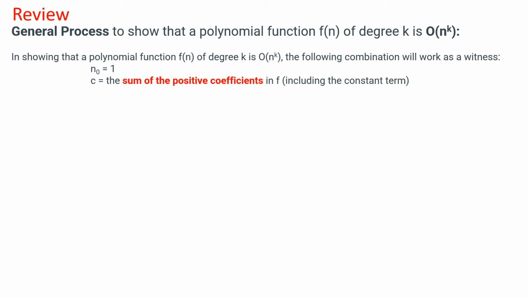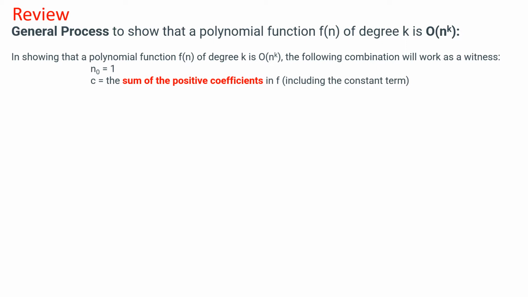After learning that fact, we learned how to prove that fact. Remember, in order to show that f is O of another function g, we need to come up with a c and an n naught to prove that for that particular c and n naught, c times g is going to be greater than or equal to the function f, once we get past that n naught.